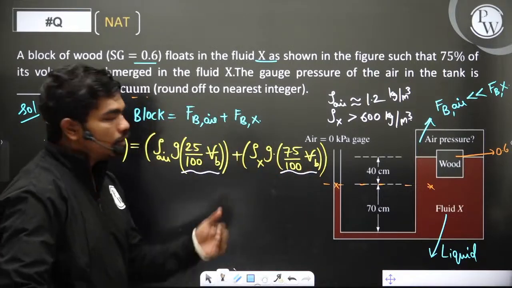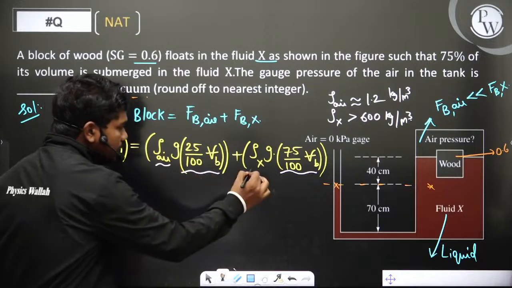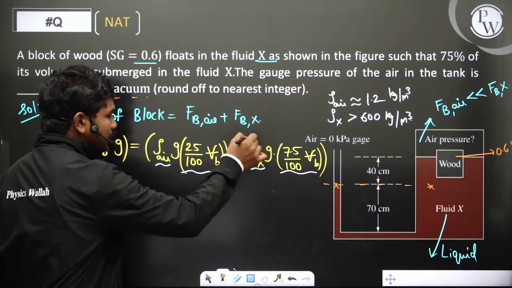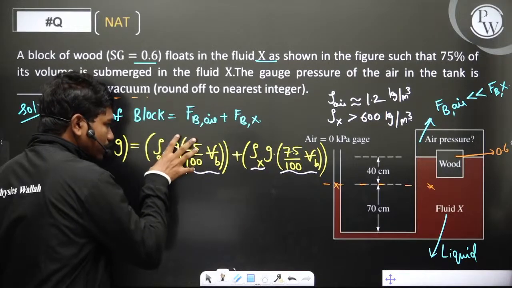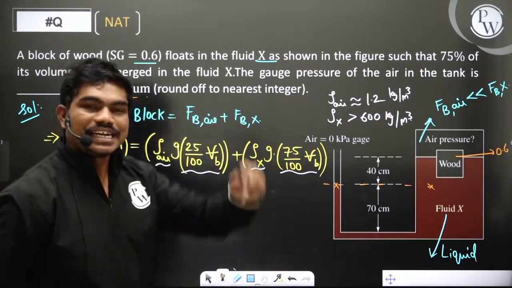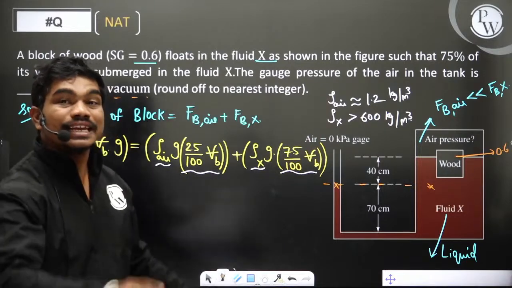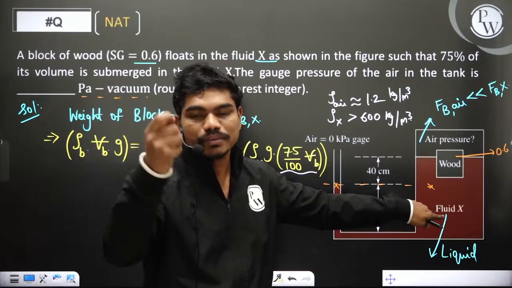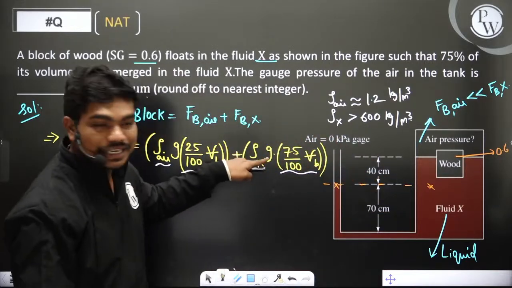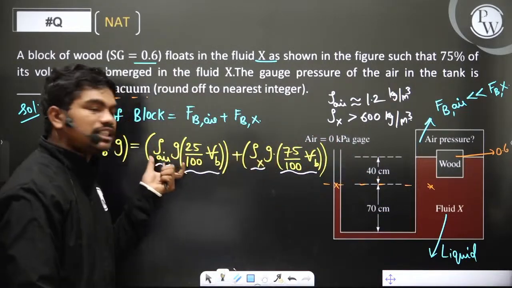So this term is larger by 600 times and this by 3 times, which means compared to the first term, the second term is larger by 1800 times in the least case. If you assume 600, slightly 601, this term is 1800 times larger than this term.